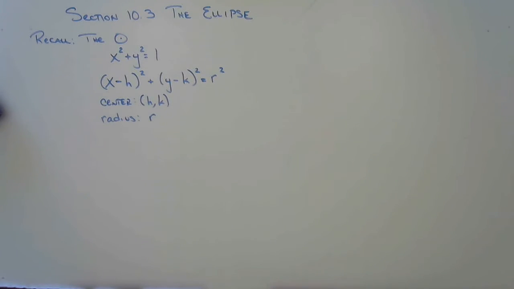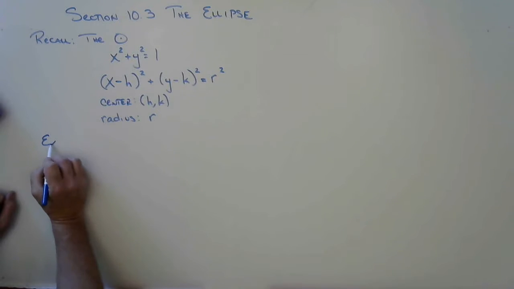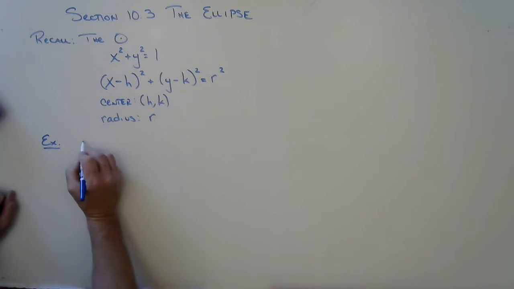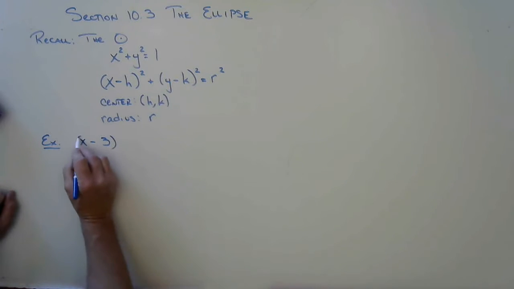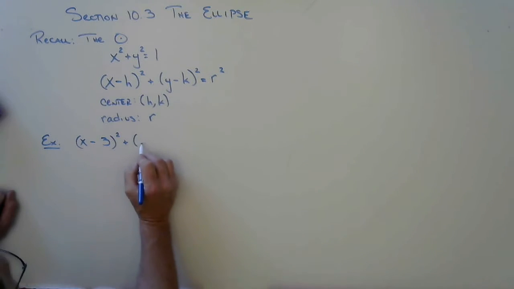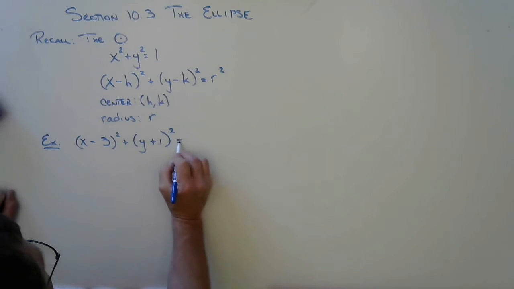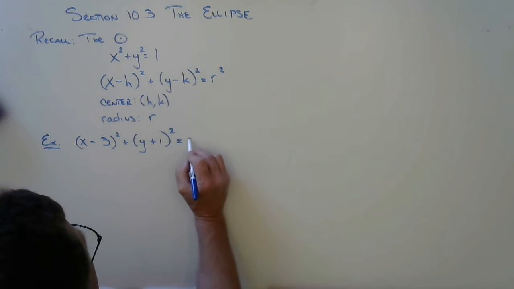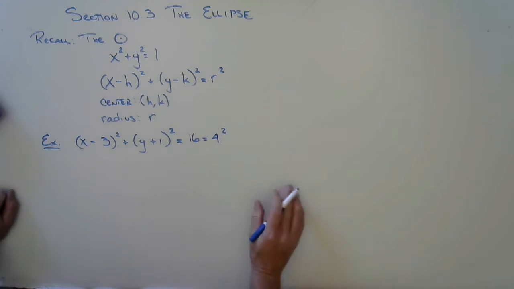That's what we said, and we were able to draw the circle. Now, how did we draw the circle? Well, let's do an example with some numbers in it. Let's say we have x minus 3 squared plus y plus 1 squared equals 16, which of course is 4 squared.